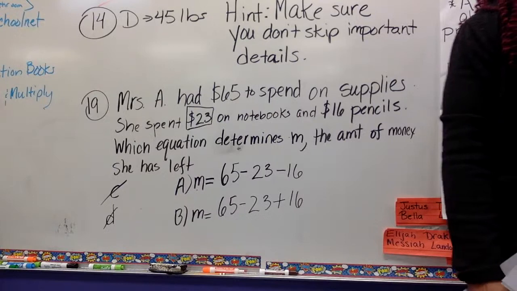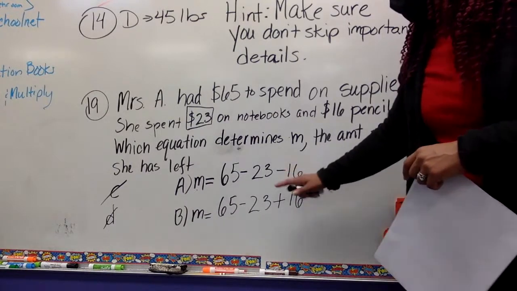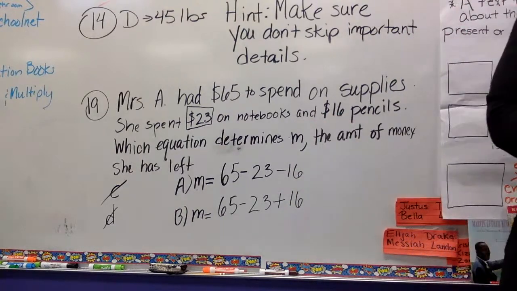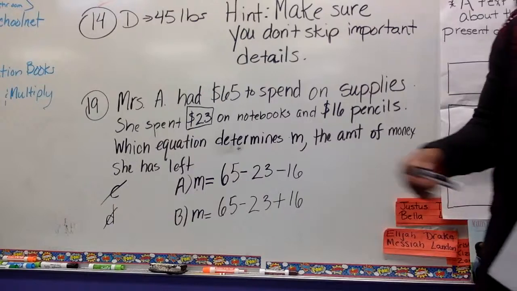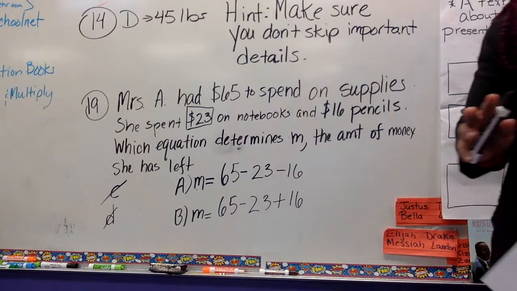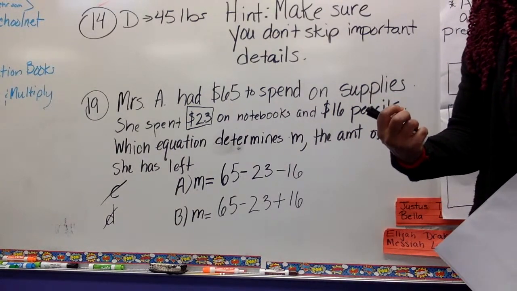Thomas, do you understand that? Bryce, do you understand? Very good. Now this one's a no-brainer, because didn't she have to buy pencils too? Is she going to be adding that $16 to the 65, or is she going to have to use a little bit more and subtract some more money from that $65?